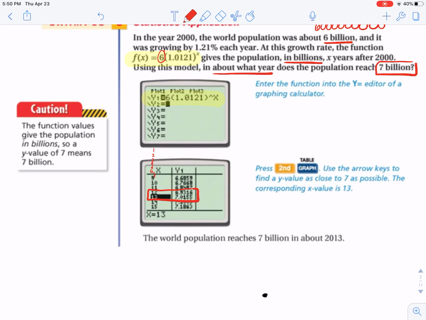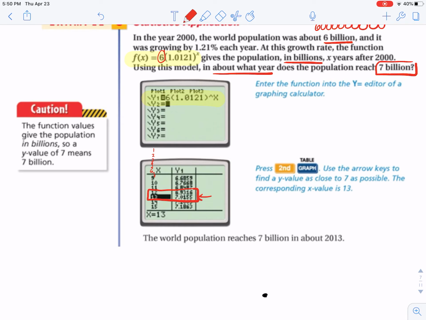I'm not quite there yet. I didn't reach 7 billion yet. So by the 13th year, I did finally reach that value of 7. I went over, but probably like in the beginning of the year, maybe like January, February of this 13th year is when the world reached 7 billion.